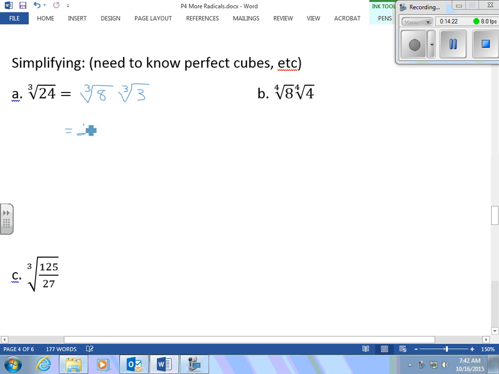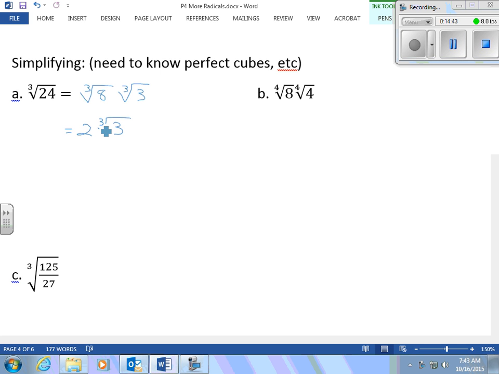So this gives me 2 cubed root of 3. Be careful not to forget to write the index in these, okay? It makes it a little bit awkward. It's hard to do that neatly, but do your best to be clear with including the index with the radical.